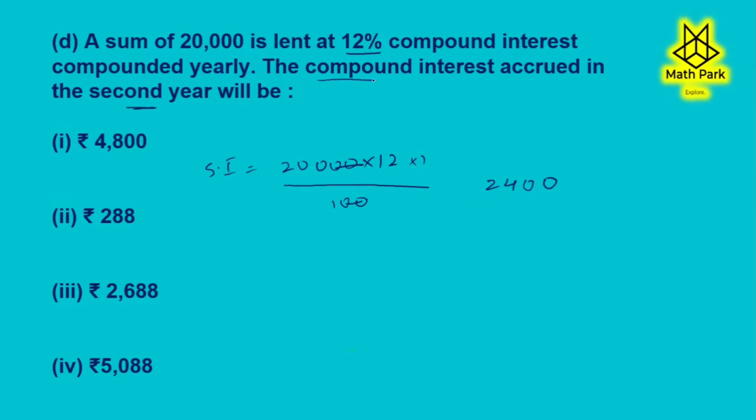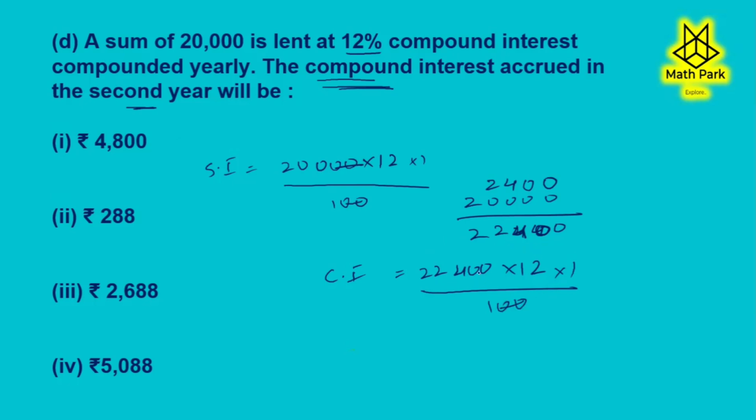For the second year, since we have to find the compound interest, the amount at the end of the first year becomes the principal for the second year. So we add 20,000 to this. So we get 22,400 as the principal. So the compound interest for the second year is on 22,400. Rate of interest is 12% for the second year. So that 1 year in particular we are calculating.